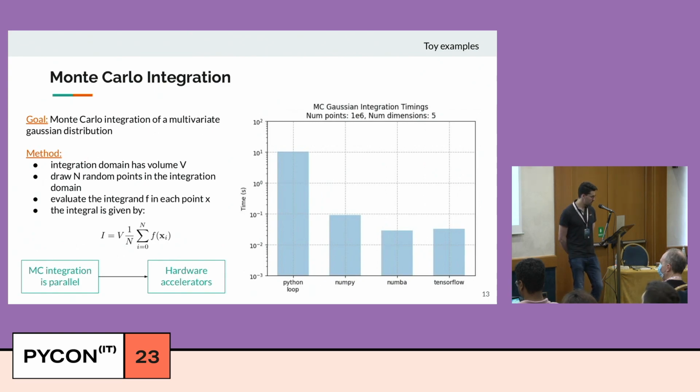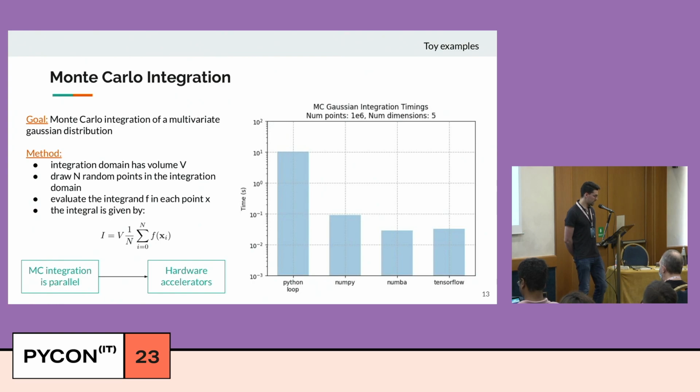Okay, another example is a Monte Carlo integration, which is in the physics domain a really relevant problem. Monte Carlo means that you draw random points in an integration domain and you evaluate the integrand function, and after that you apply the equation that you see at the bottom, which is mainly a mean over the function evaluation. So you take n function evaluations, you multiply by the volume of the integration space, and then you get the integral.